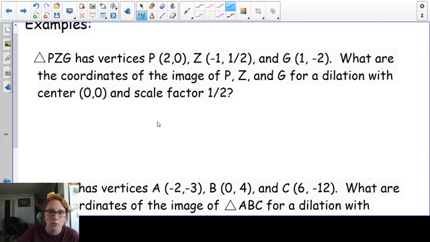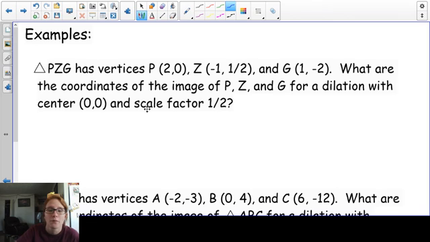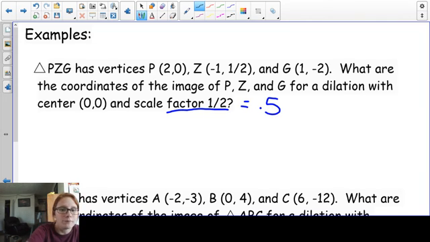Now we're going to find some of our own vertices, but we're not going to plot them because we don't have any more graphs, which is okay. We're just going to find them together. So we're going to do the same triangle again, only this time we dilate with a scale factor of 1/2, which remember is equal to 0.5. So now we're going to take everything times 0.5. P prime is going to be at 1, 0.